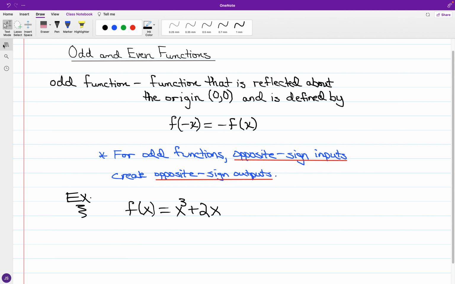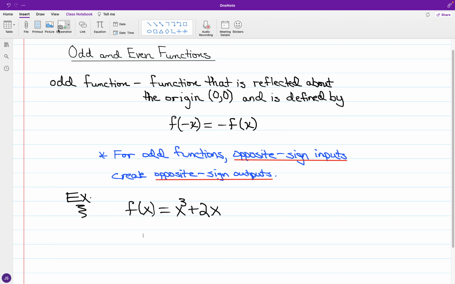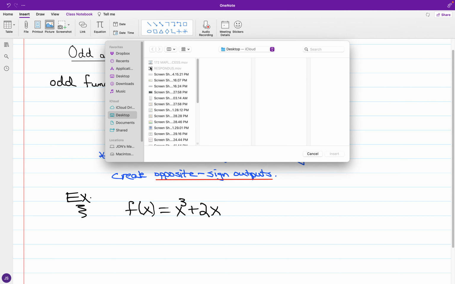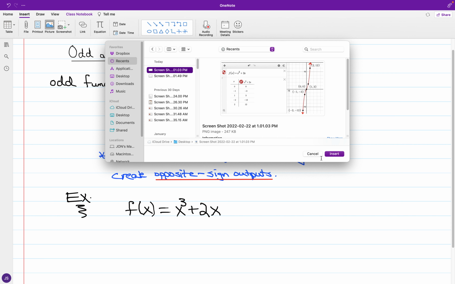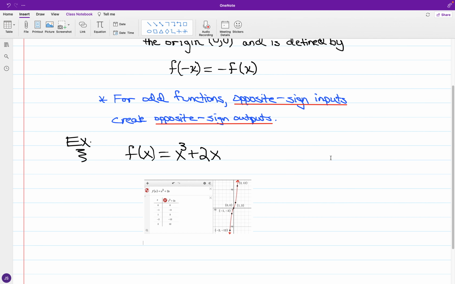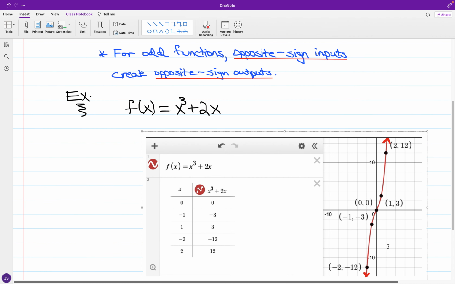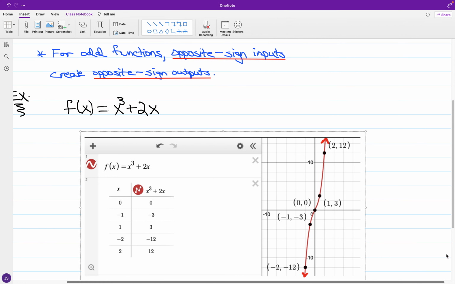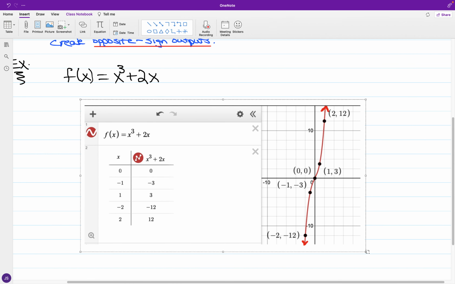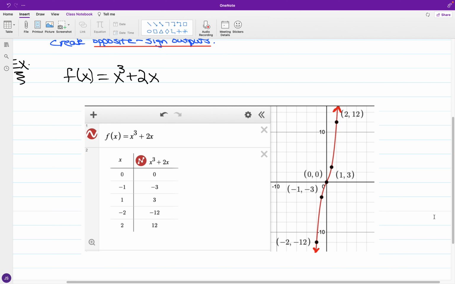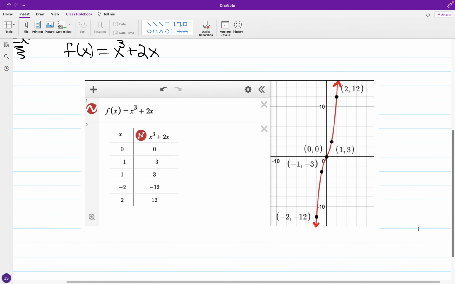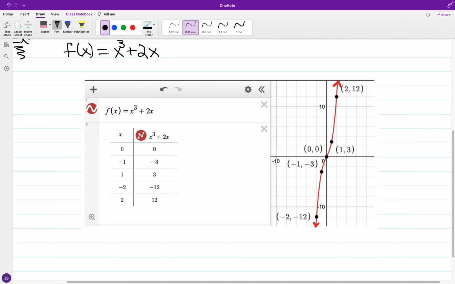From a visual perspective, we have f of x is equal to x cubed plus 2x. You see the origin where the x-axis and the y-axis meet.